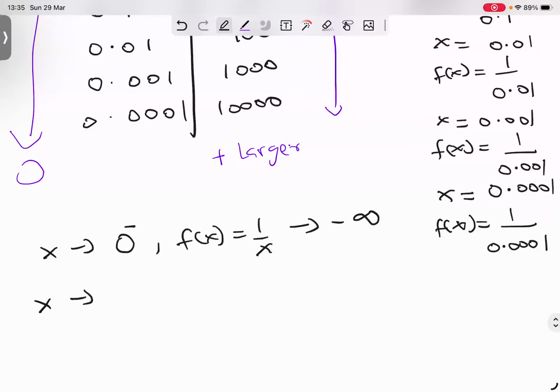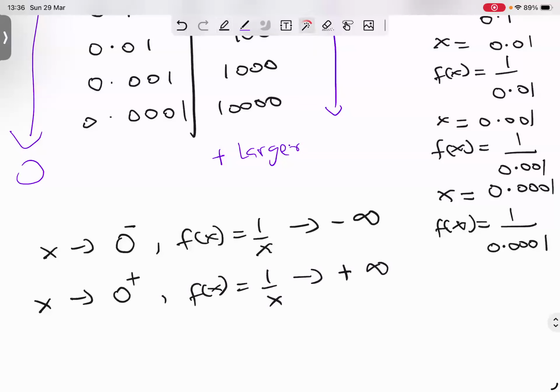Same way, as x is getting closer and closer to 0 from the positive direction, f of x is also getting larger and larger, but without bounds. And it is positively without bounds. They are positive numbers.